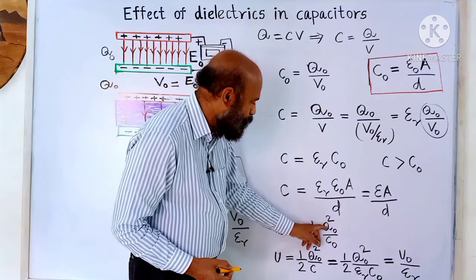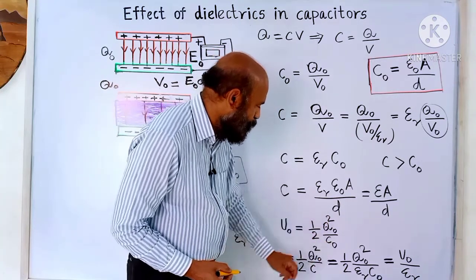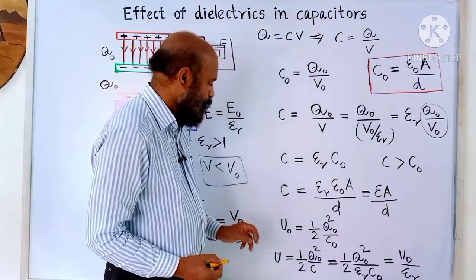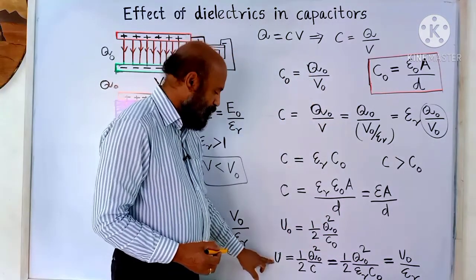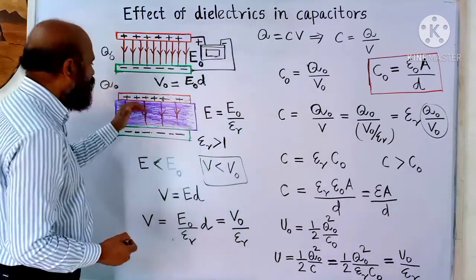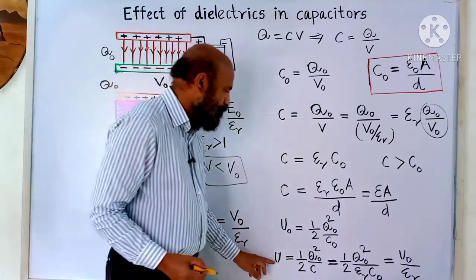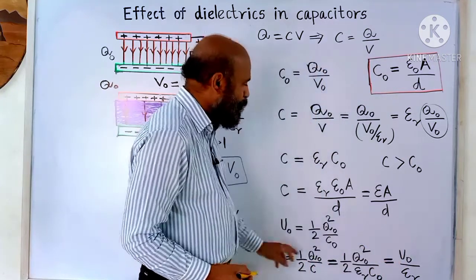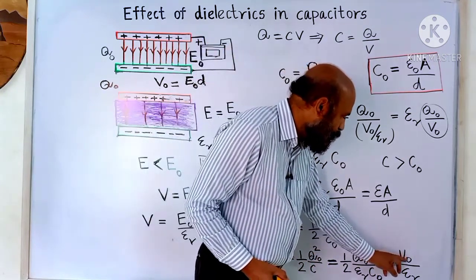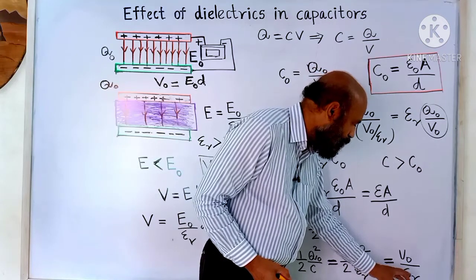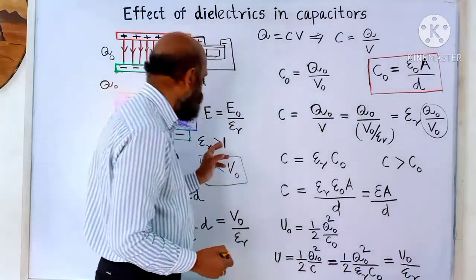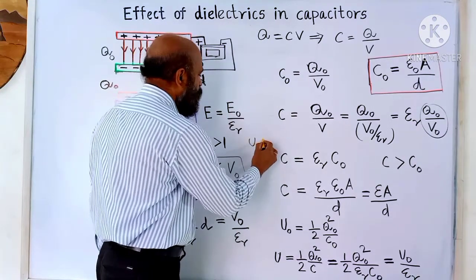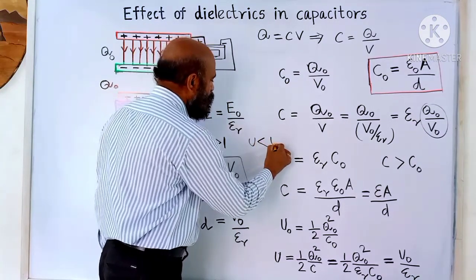Half Q0 square by C0 is U0. So this is the energy when the dielectric is in between the plates, and this is the energy with air in between the plates. So U is equal to U0 divided by epsilon R. Epsilon R is a number greater than 1, so U will be lesser than U0.